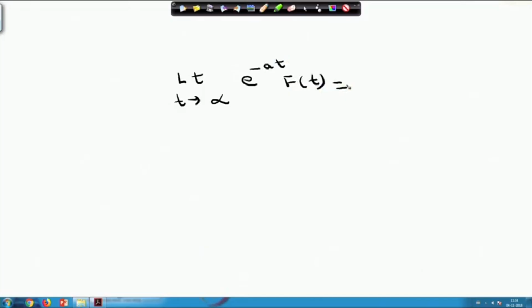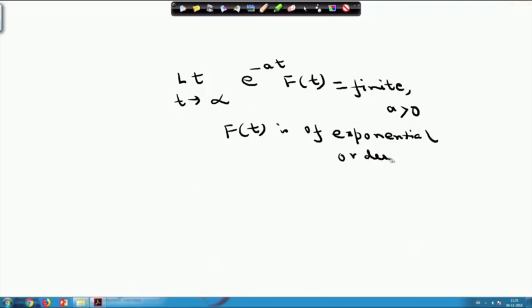If this value is a finite constant, for some a greater than 0, then we can say that f(t) is of exponential order a.